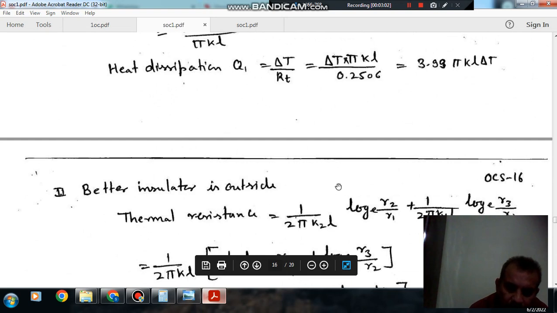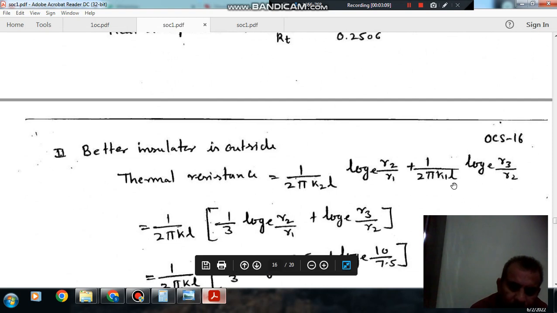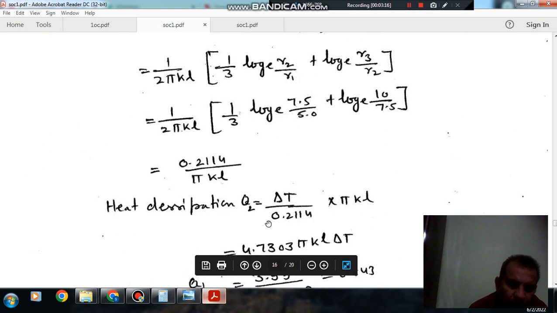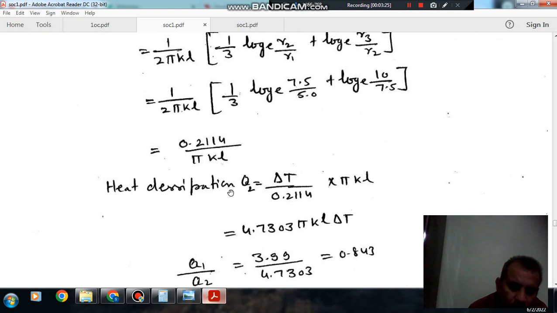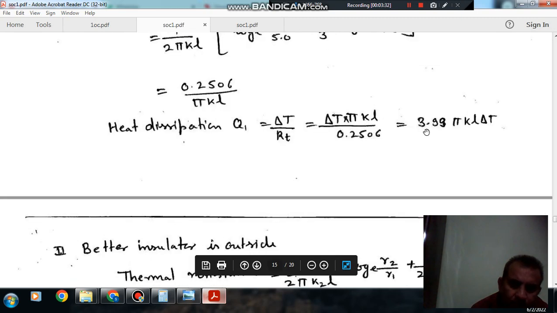Putting in the values, we have thermal resistance 0.2114 by K L, and dividing delta T by the resistance, the heat dissipation is 4.7303 pi K L delta T, whereas initially the heat dissipation was 3.99 pi K L delta T.